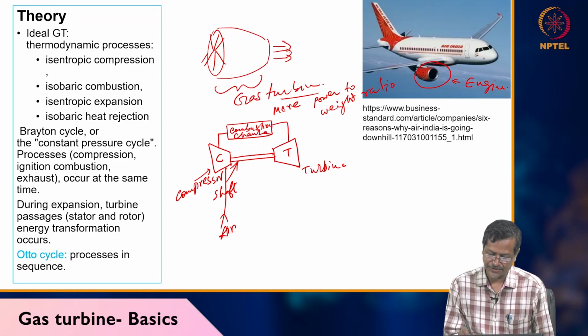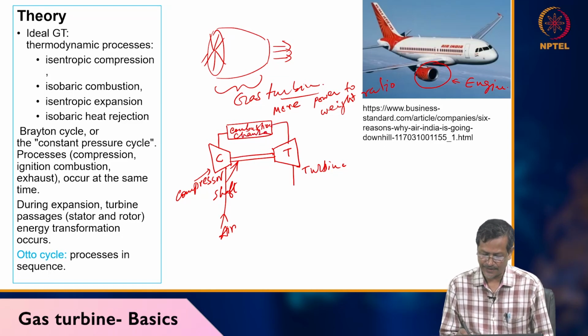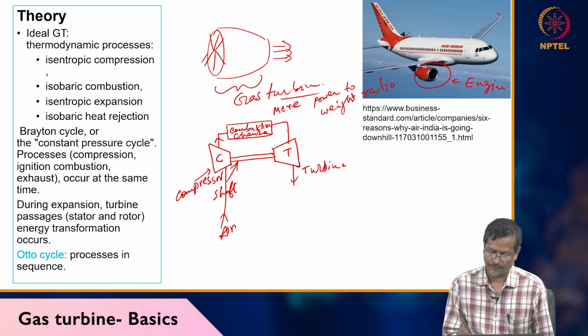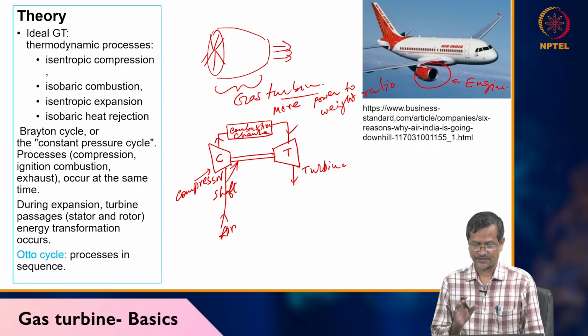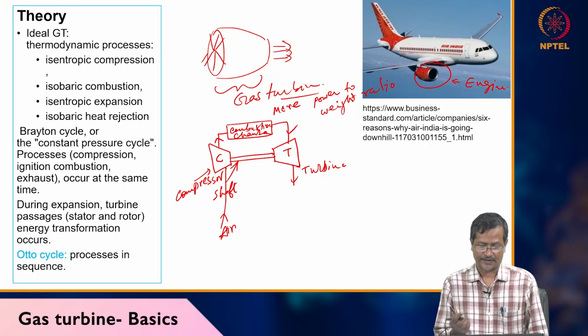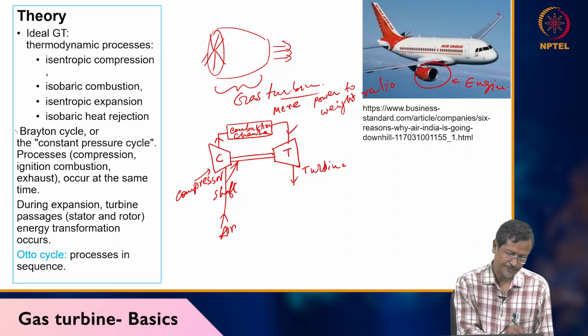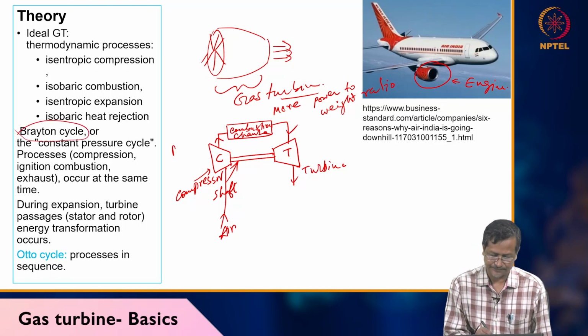From the combustion chamber it goes to the turbine and is exhausted. This is the simplest gas turbine engine. This is called the Brayton cycle.